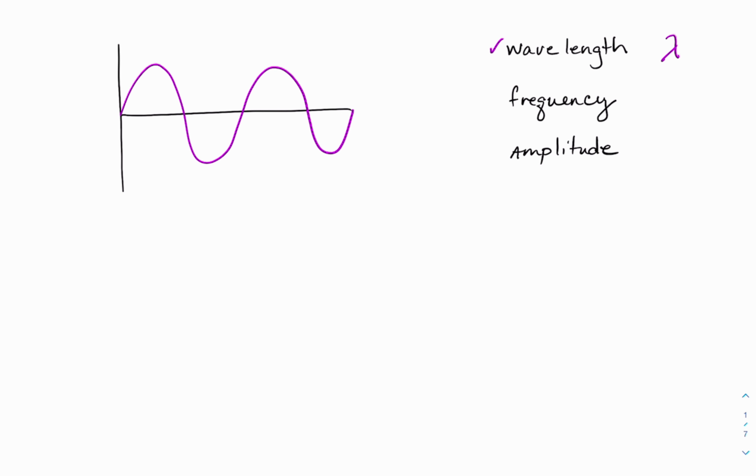The wavelength is described as the crest of one wave to the crest of another wave right adjacent to it. And that length, measured in distance, is the wavelength of that particular light wave.